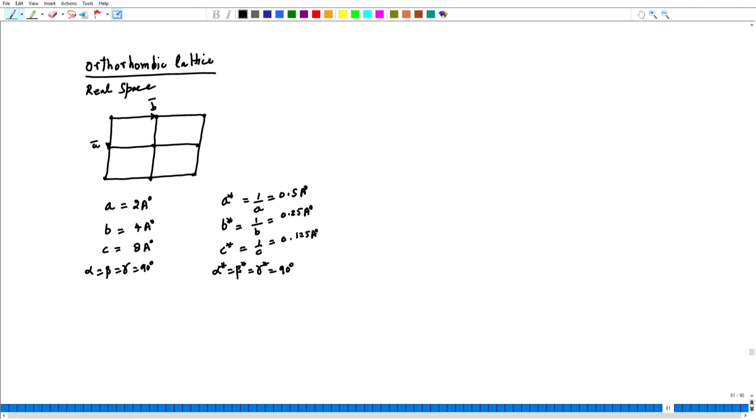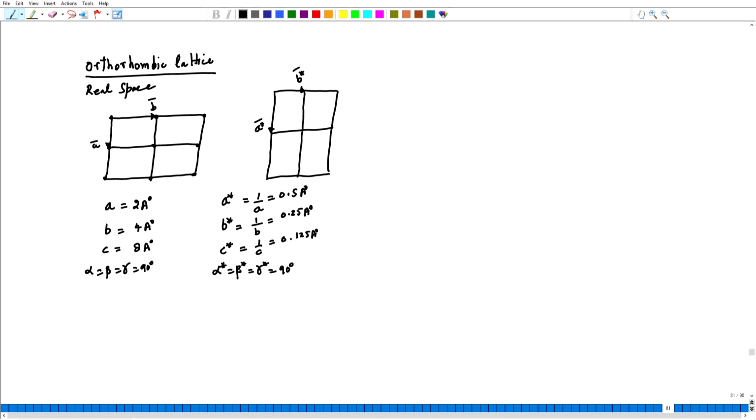Anyway, we are only drawing the projection along C. So, the reciprocal lattice would look something like this, where this is the vector A star, this is the vector B star, and C star is perpendicular to the figure.